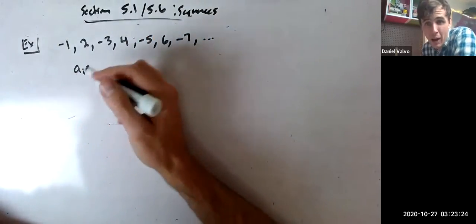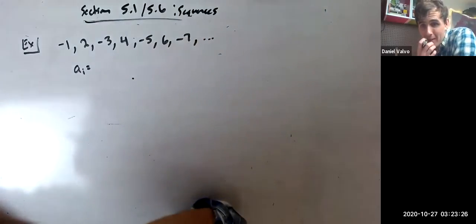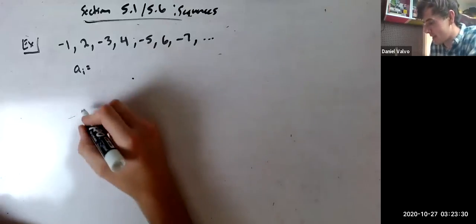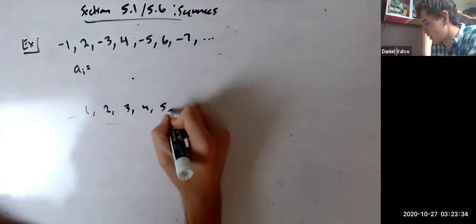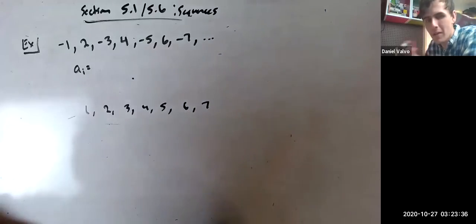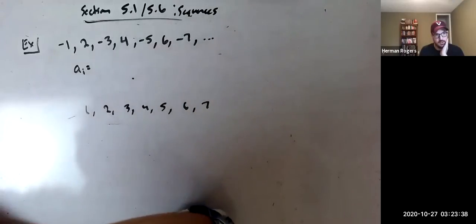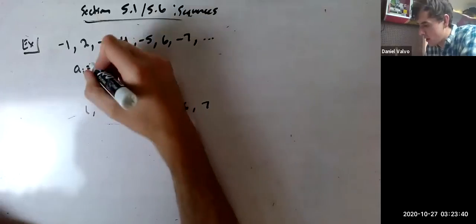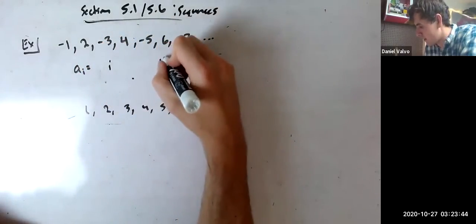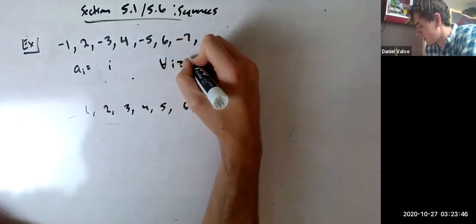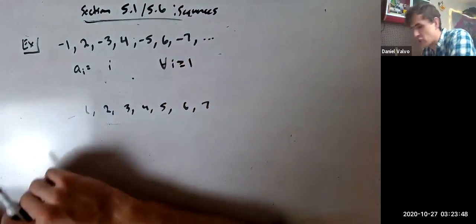And so in that case, a_i would equal what? Just equal i, yeah. We start at 1.